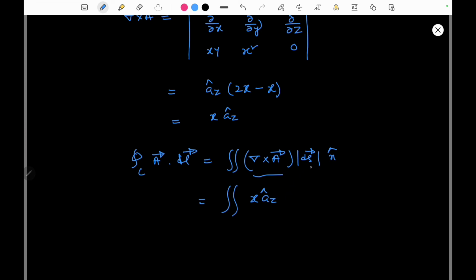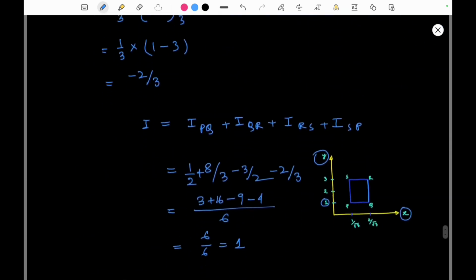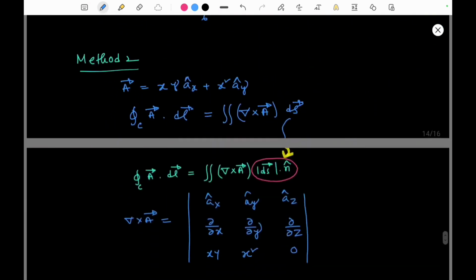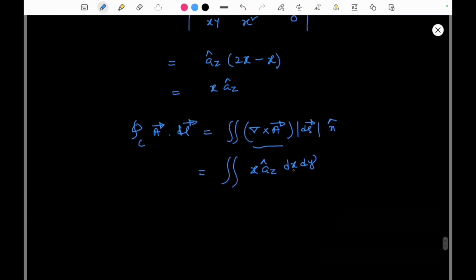So ds vector will be what, just assume, just 1 minute, pausing my video. Now I am writing this dx dy. We are writing dx dy because this plane is the xy plane and z equal to 0, so it is only the xy plane.